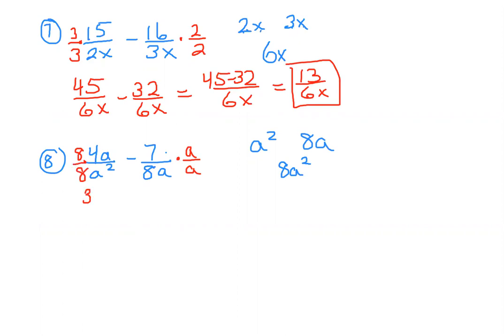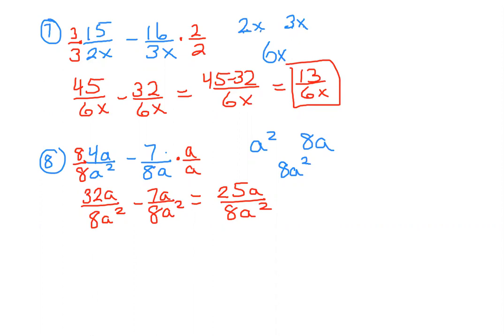And we're left with 32a over 8a squared minus 7a over 8a squared, which equals 25a over 8a squared. And now we can simplify this.